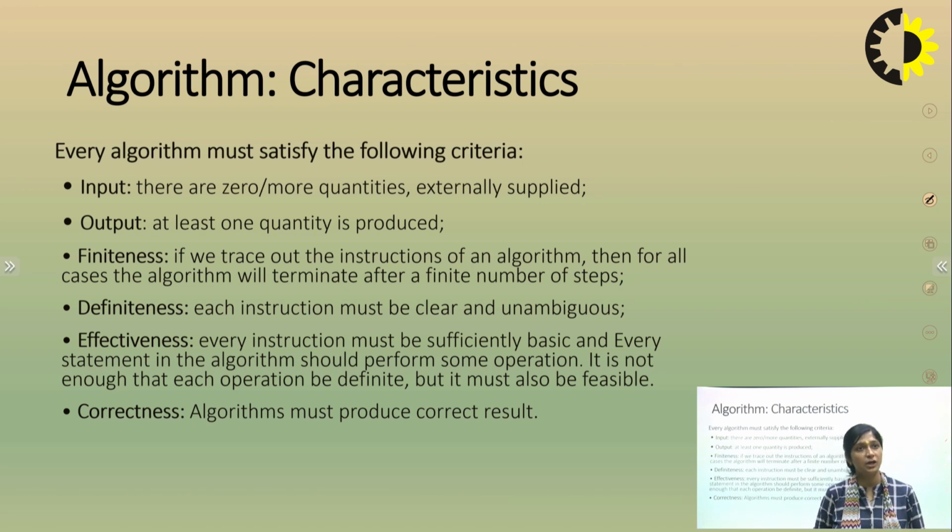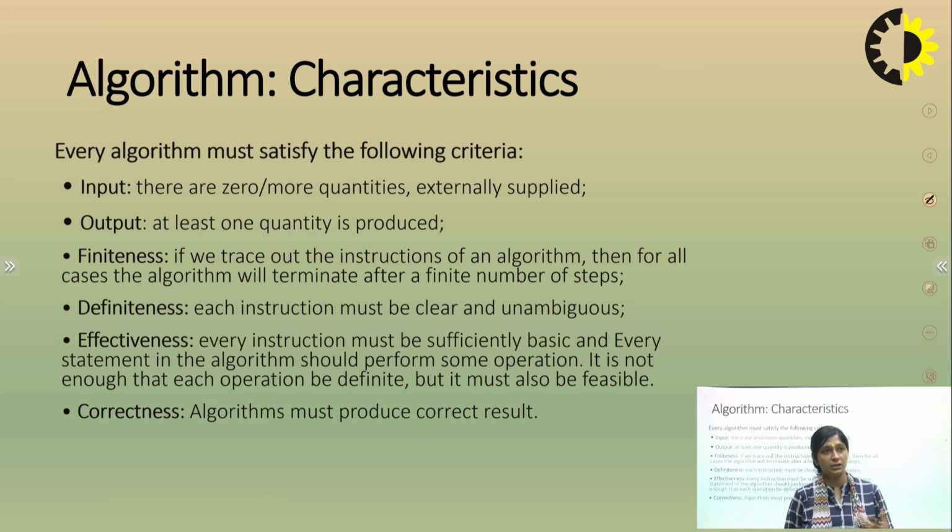In that program, is there an input? No, there was no input. You simply write print hello world, means input is 0, but you are getting one output there, that is print hello world only, right? It means you can take 0 input or more input.